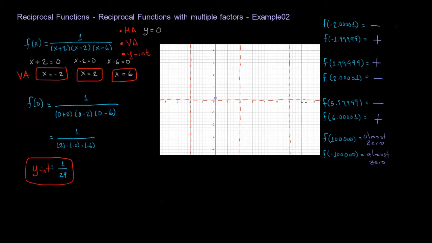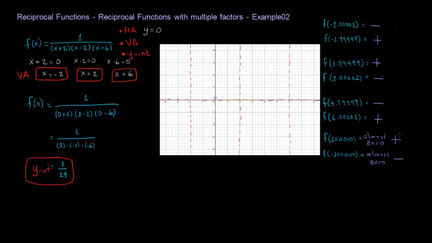That is to say, evaluate 1 over 100,000 and you will get something really close to 0. The only thing you have to be concerned with is the sign of this almost 0. The first one will be almost 0 positive, and the second one will be almost 0 negative. That is to say, this one is slightly above 0 and this one is slightly below 0.